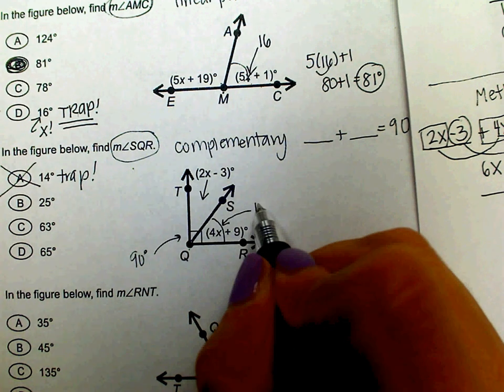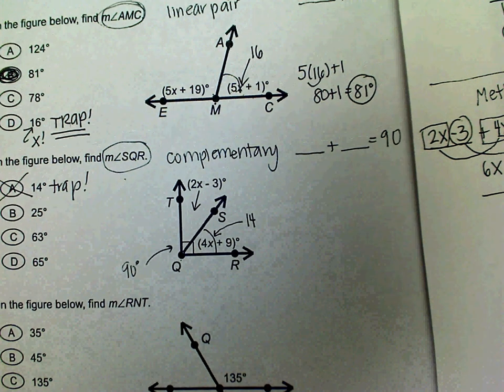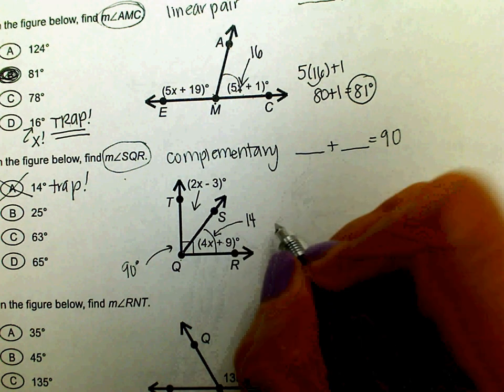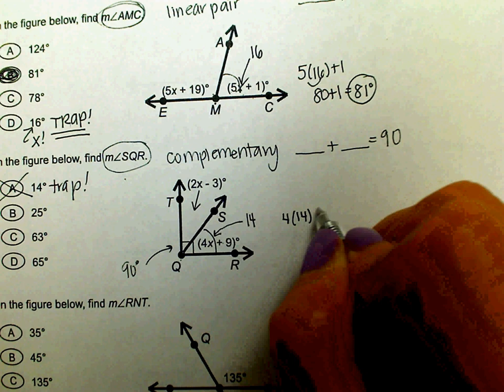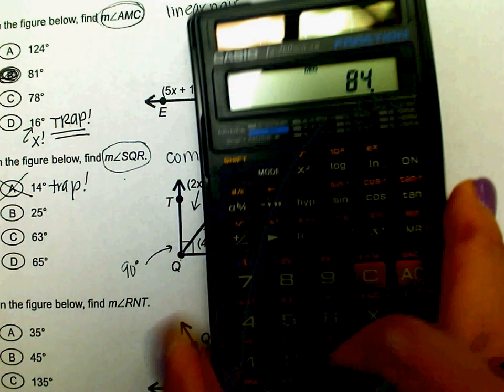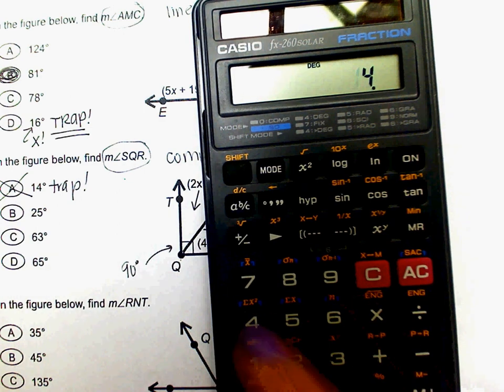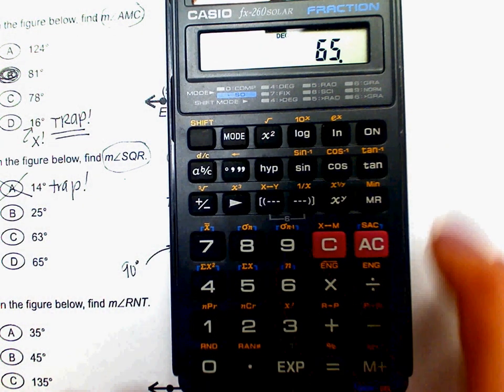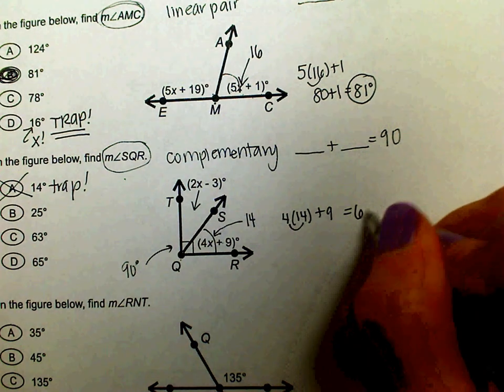So instead of 4 times x plus 9, it's 4 times 14 plus 9. PEMDAS says do multiplication first. So 14 times 4 equals, and then add 9. So that's 65. So it's a 65-degree angle, which is D.